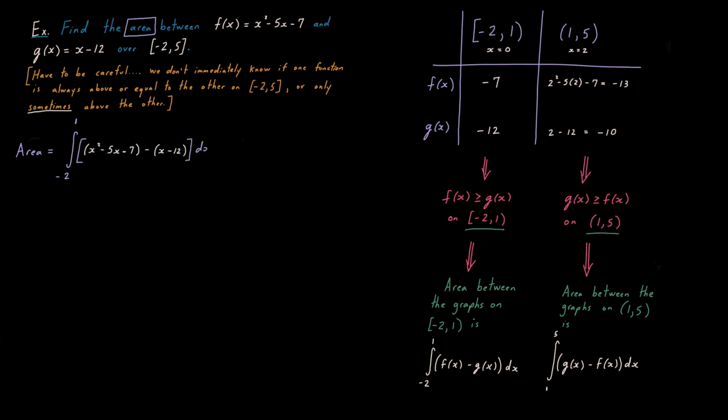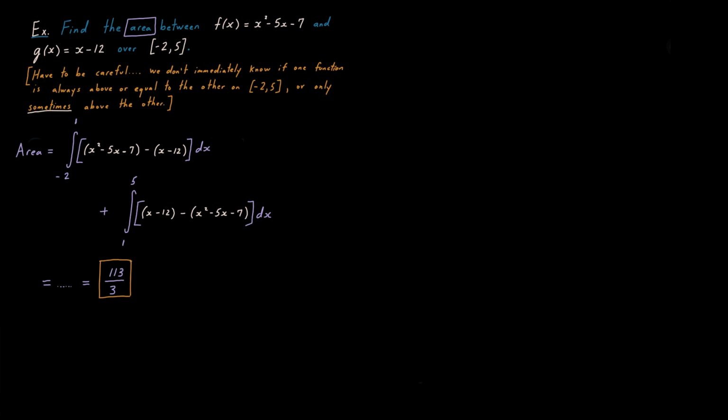One is always bigger than the other on each one. Therefore, I just combine the two, add them together, and this gives me my answer for the area. Do a little standard integration computation, and this is going to come out to be 113 over 3. I'll let you fill in those details.